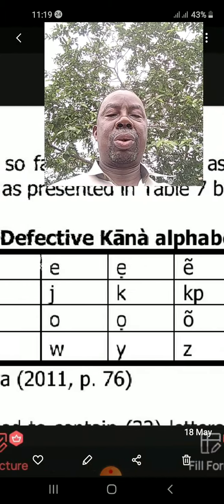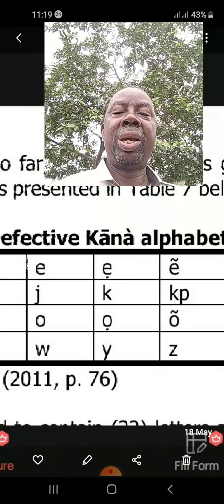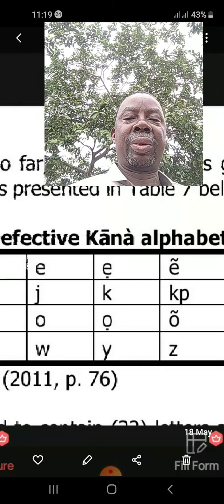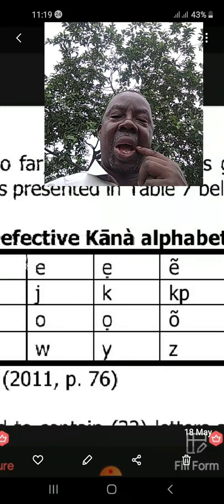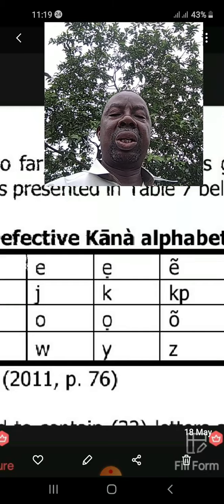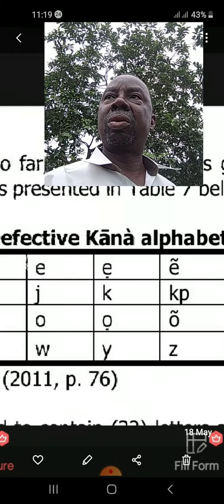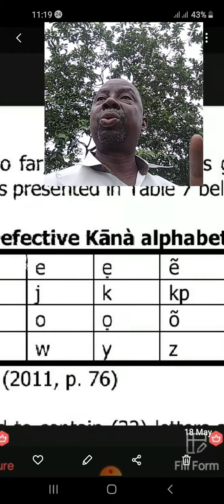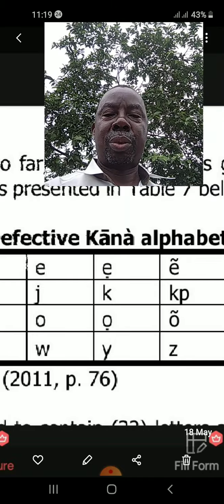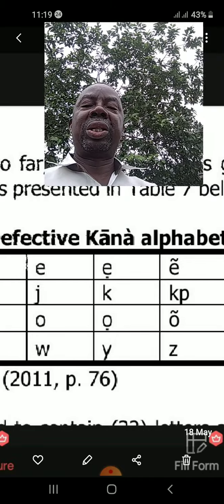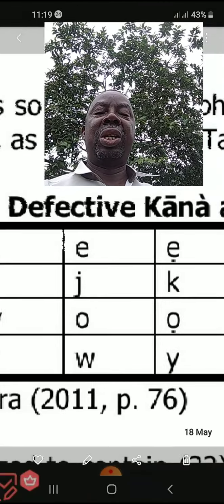Then you now come to e, and here. How can you classify these three letters as three sounds as the letters in the alphabet? It is wrong. You have to choose one, and the one that is good to choose is the E sound.